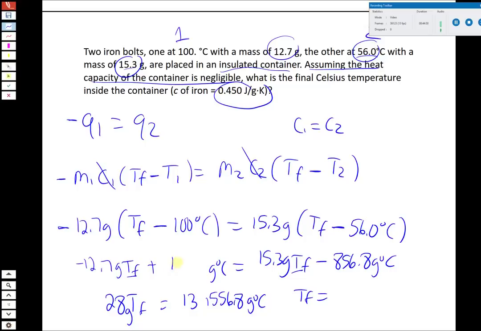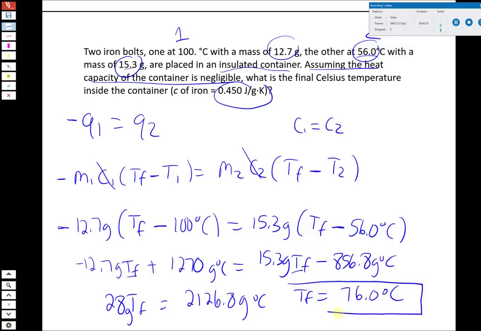So this should be 1270. So when we move everything over, we get numbers that are more reasonable now. And now when we solve for temperature final by dividing by 28, we'll round it to 76.0. Okay? So that's what we get.